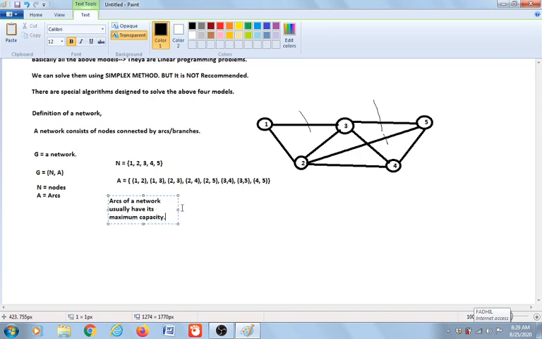So for example, if the arc is a pipe, that pipe will have a capacity of, for example, oil flowing inside that pipe every hour.